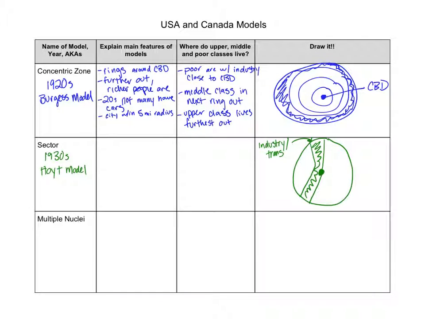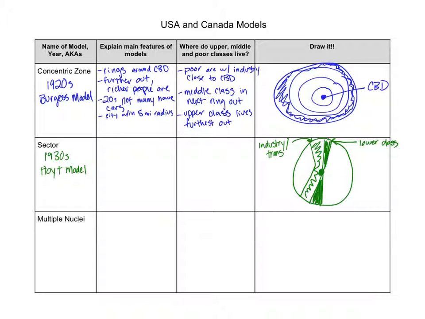Because of that, you're going to have these corresponding sections right next to it that are going to be for your lower class. This one's pretty easy to remember because those are really going to be your lower class because they can't really choose where they want to live.